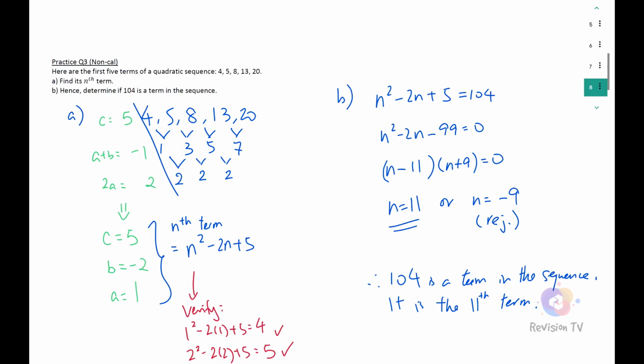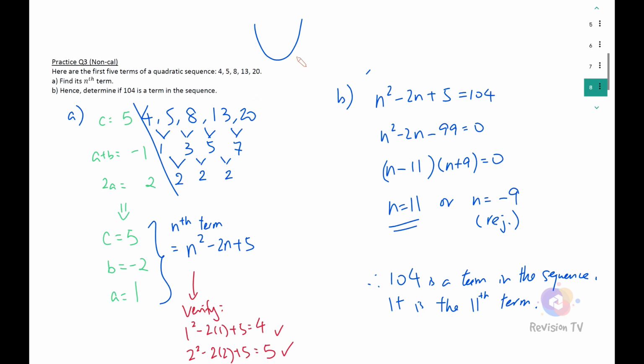Here are the answers. Now, question A, some of you might be thinking, hang on a minute, how is C5? Have we not got 5 in here already? Now remember, a quadratic sequence also resembles the quadratic graph. A quadratic graph looks like a parabola, like a U-shape. That means there could be a U-turn.